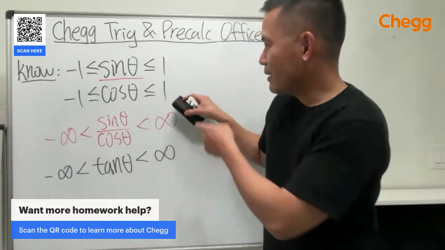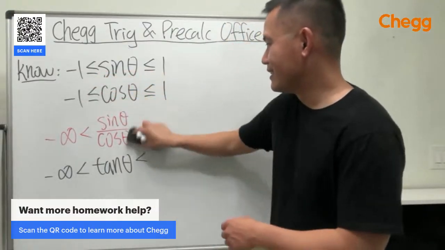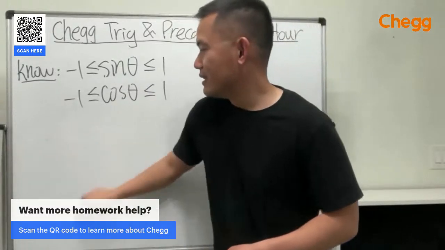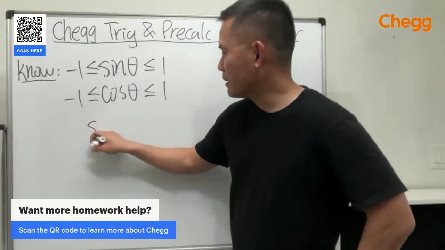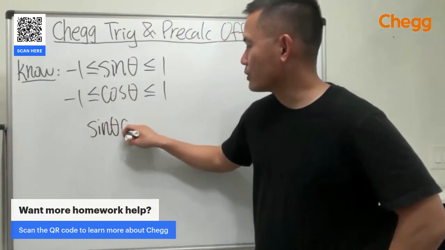All right, if you know this, that's actually pretty good. But let's do another one. Let's see if you guys can figure this out. How about if I multiply them? Sine theta times cosine theta.